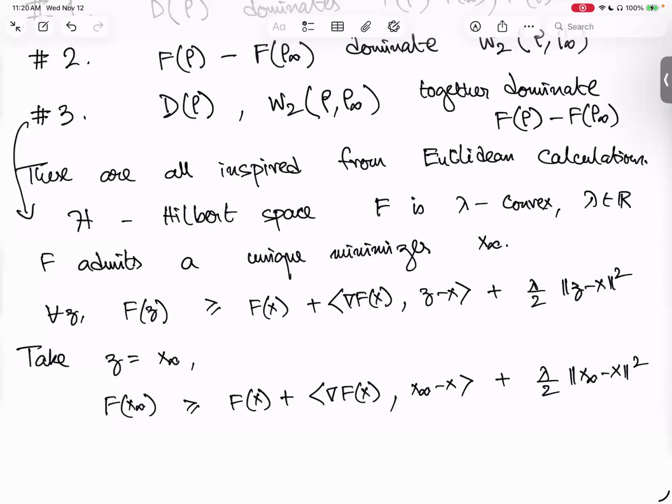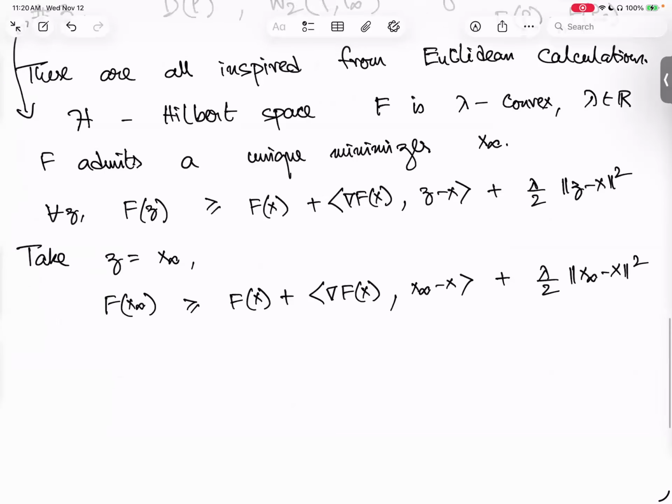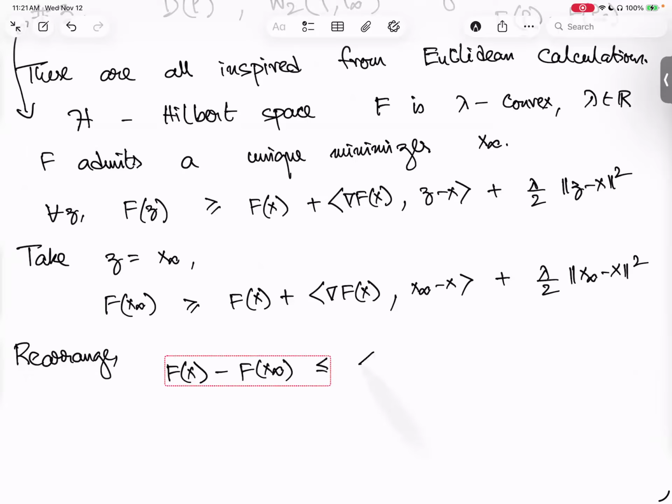And so what I'm going to do is, again, rearrange terms. And I get f of x minus f of x infinity is less than or equal to gradient of f of x, x minus x infinity, minus lambda over 2, x infinity minus x, norm square.